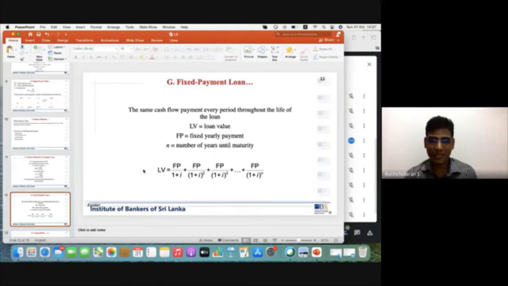Because sometimes you may be charging an early settlement fee and so on. But still, it doesn't mean you're going to lose. You are talking about early settlement, not the default, right? You lose interest, but at the same time you are getting the money early.